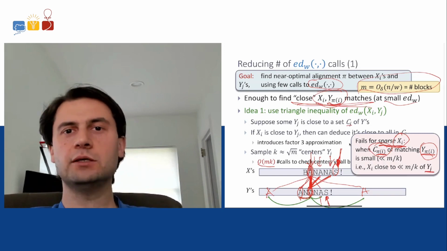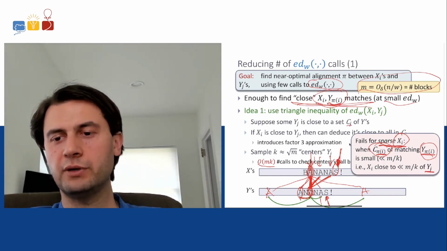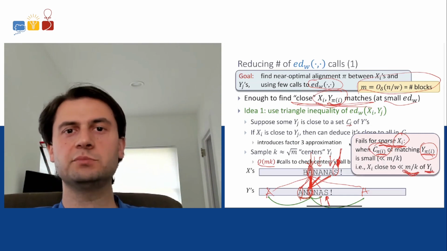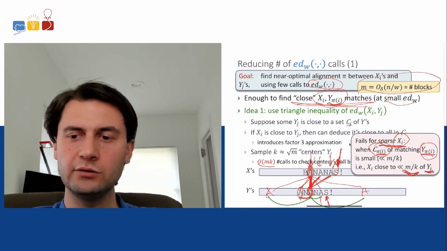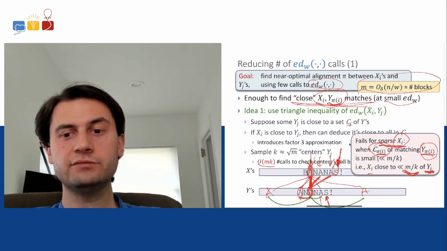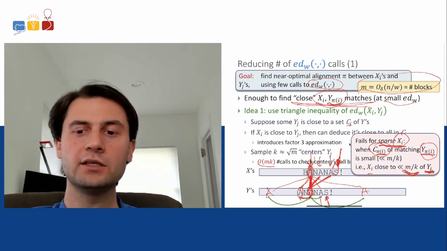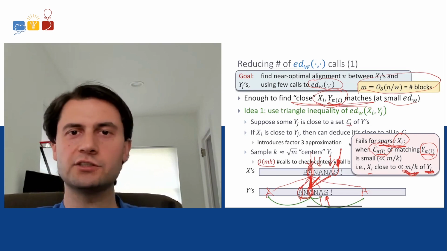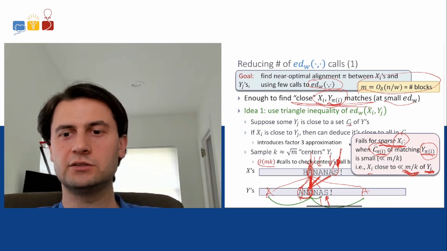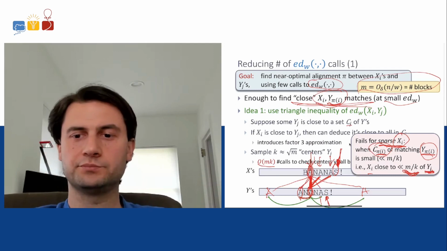In particular, if we sample k centers, and xi is close to much fewer than m divided by k of the y blocks, then it's very unlikely that any of these yj blocks which are close to xi will be sampled as a center, and therefore we will not detect that xi is close to its match. If it is much larger, something like larger than m divided by k, maybe times log n, then with high probability we'll sample a center which is close to xi, and deduce that xi is close to its match as well.